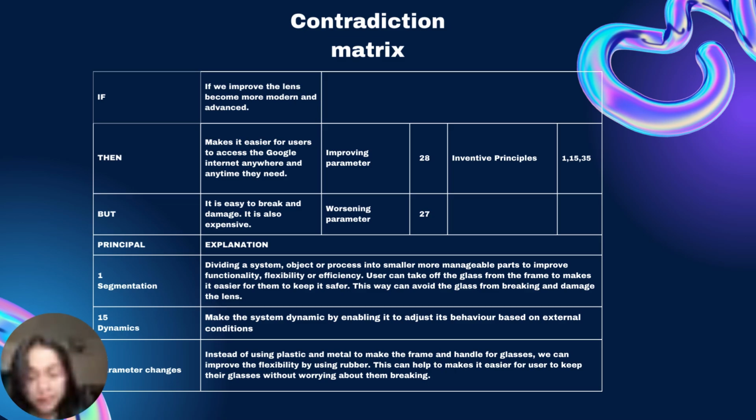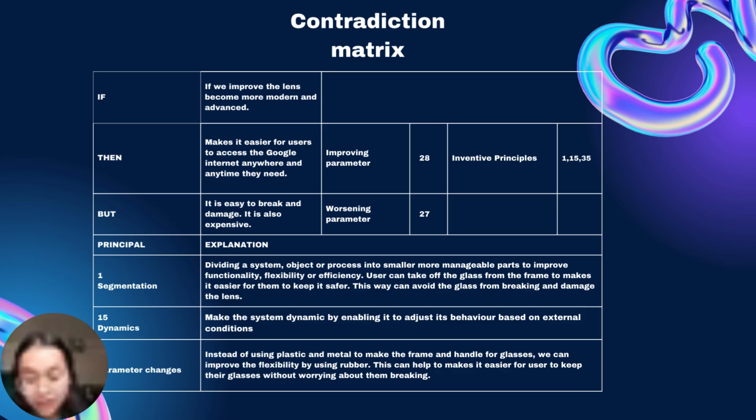For the improving parameter, I will choose parameter 28, and for the worsening parameter, I will choose 27. For the inventive principle, it will be three, which is 1, 15, and 35. Okay, principle 1, there is segmentation.